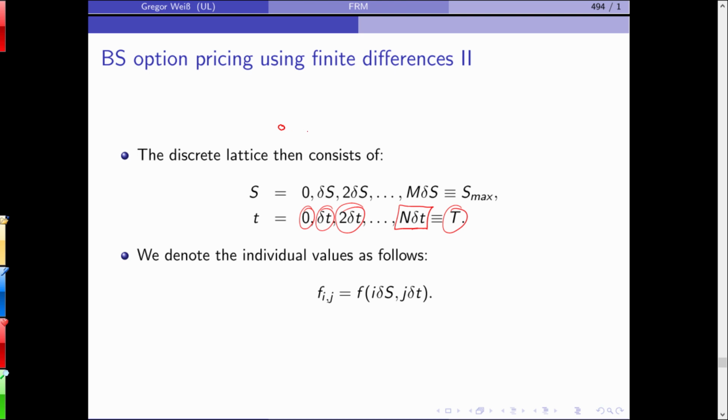So this is T 1, 2, 3, 4, 5, 6, 7. And at each point in time, the stock price can only be at, say, 1, 2, 3, 4, or 5 euros. Again, we are using discrete changes in the stock price. And now you can see why it's called a discrete lattice.